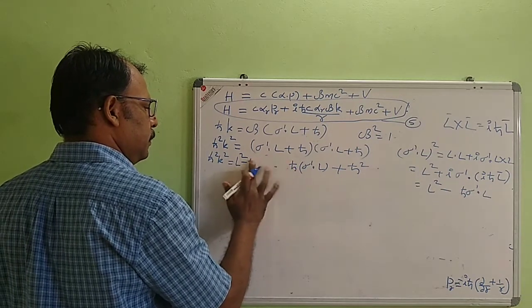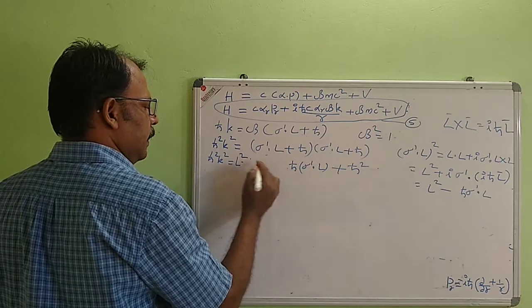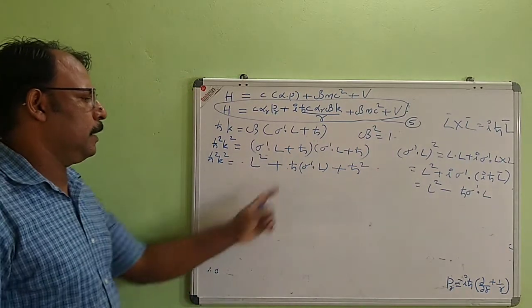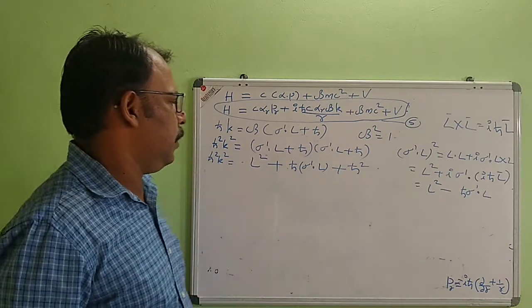Combining these two terms, we can write it as L square plus h bar sigma prime dot L plus h bar square.